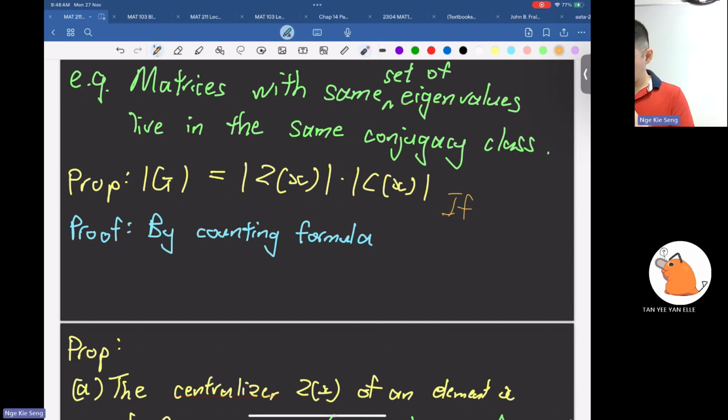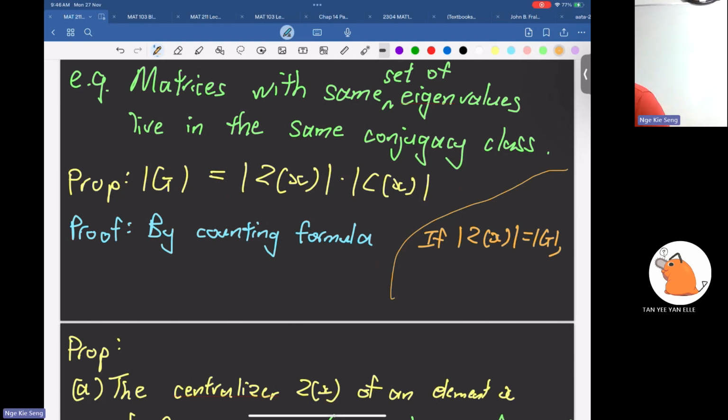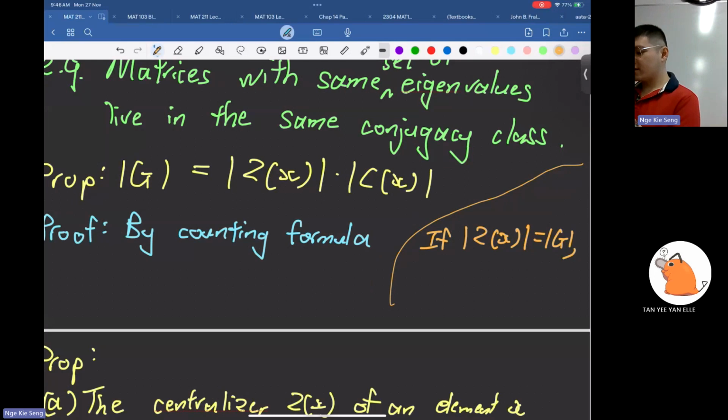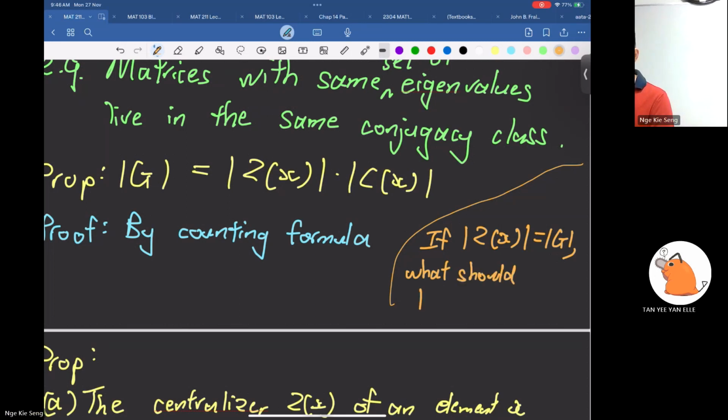So let me write here. If the order of the centralizer is the order of G, what should be the order of my conjugacy class be?